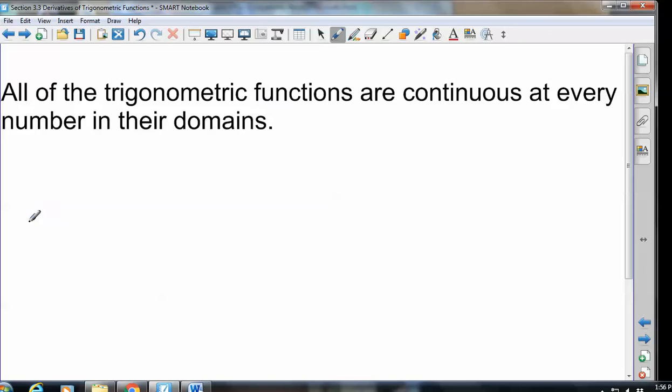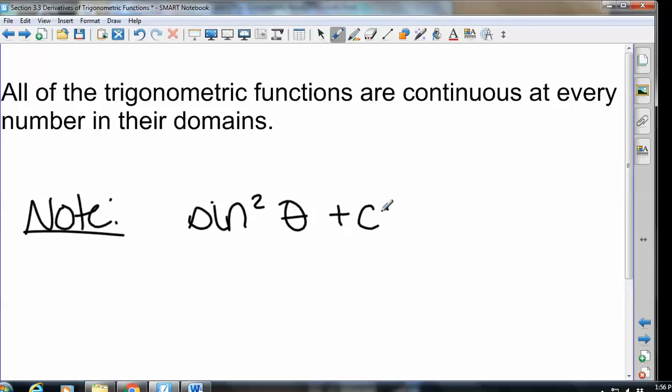A couple things you want to remember. At the very beginning, I gave you a trig handout, and I had some important formulas on there. Two of the ones that are going to come up right now would be our most important ones. Sine squared theta plus cosine squared theta equals 1.